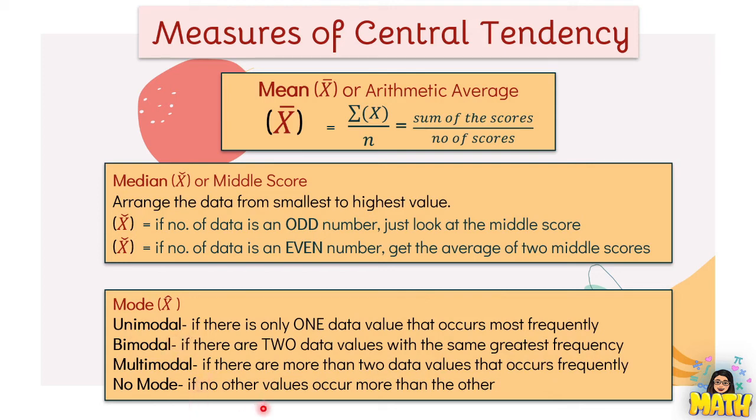And of course, if there are no other values that occur more than the other, that means pare-pareho yung frequency ng bawat data, we classify it as no mode. Okay? So in measures of central tendency, it is not necessary to compute for all. Depende lang po sa purpose kung bakit yun yung pipiliin nyo in your analysis.